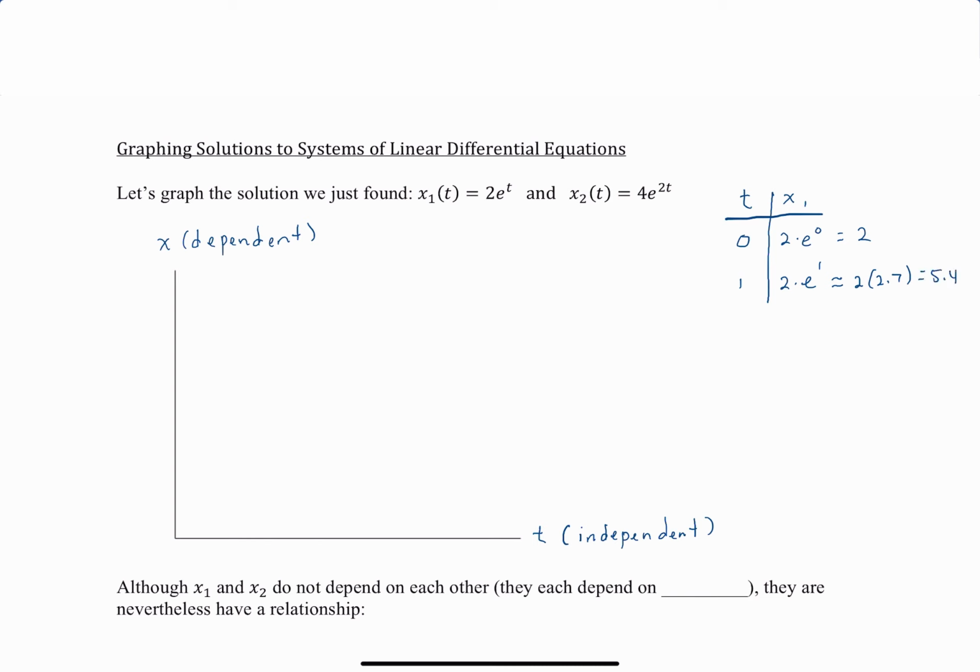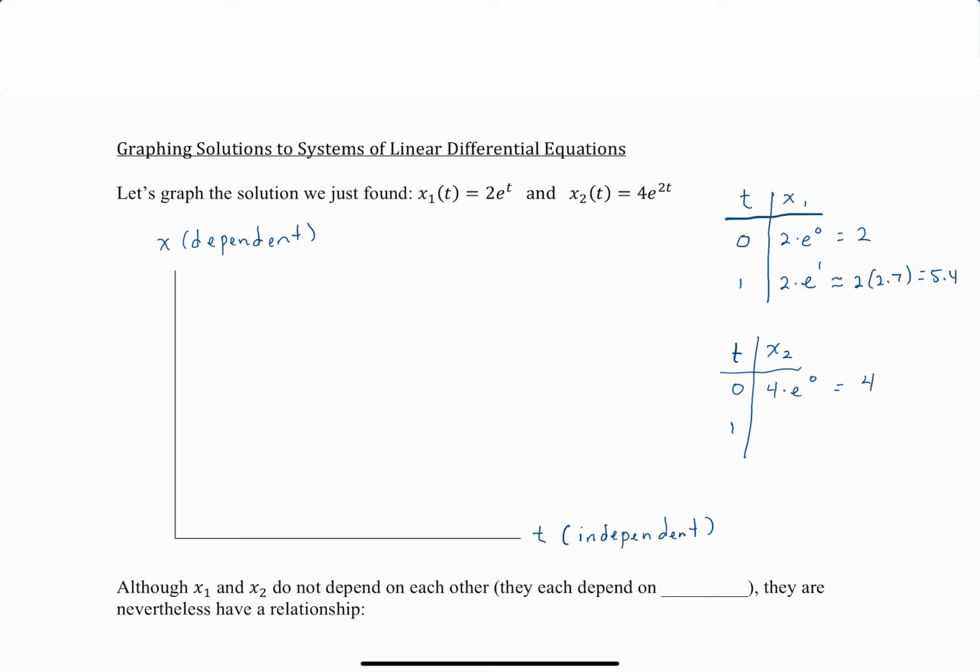What about for x2? Again, I'm going to use 0 and 1 just to get a couple of points. x2 should come out to be 4, because that's our initial condition. And yep, if we plug in 0 for t, I get 4 for x2.